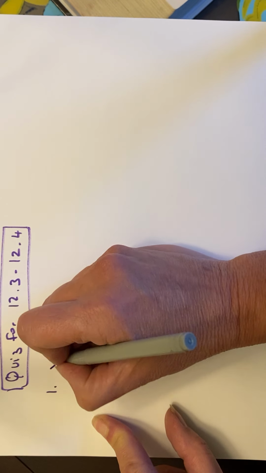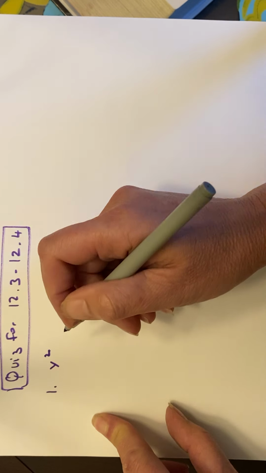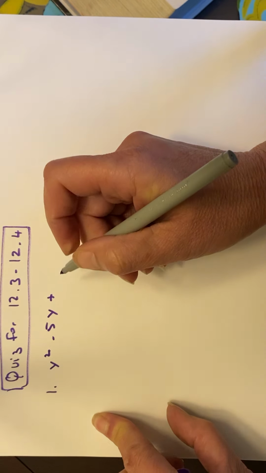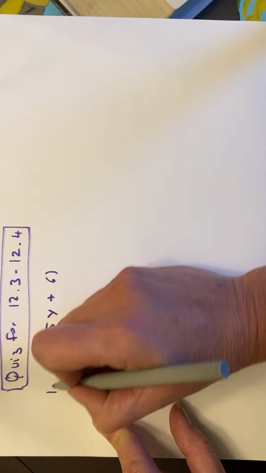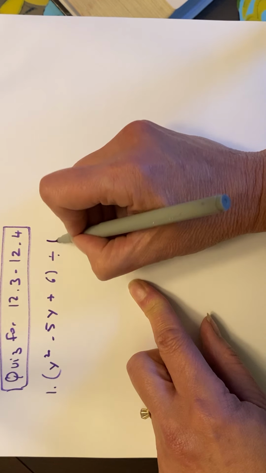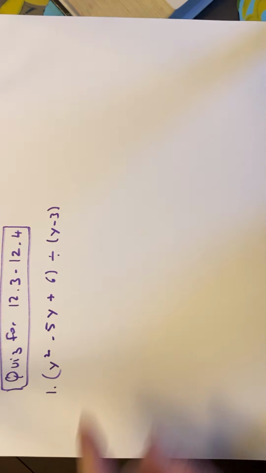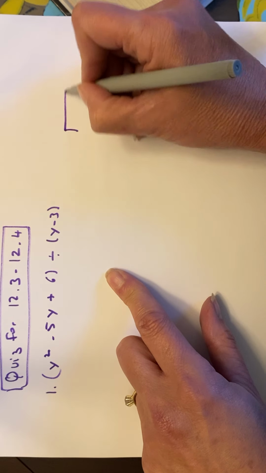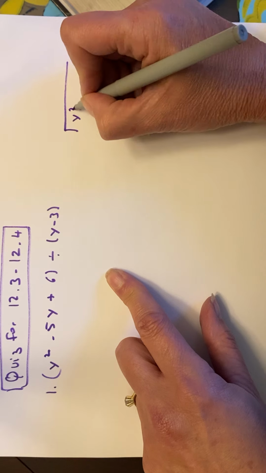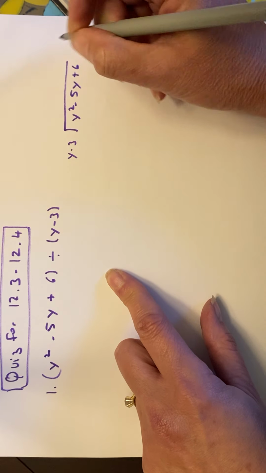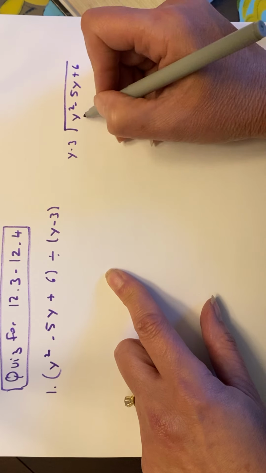As an example of the first two problems, I'm going to do this division problem: y squared minus 5y plus 6 divided by y minus 3. If you remember how to do this, we set up our division. How many times does y go into y squared?